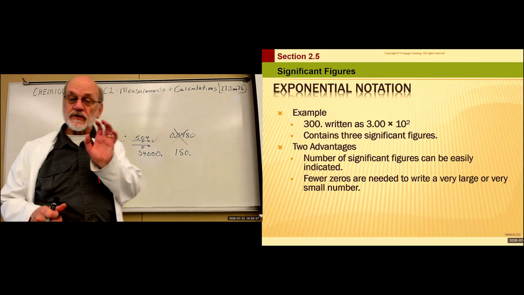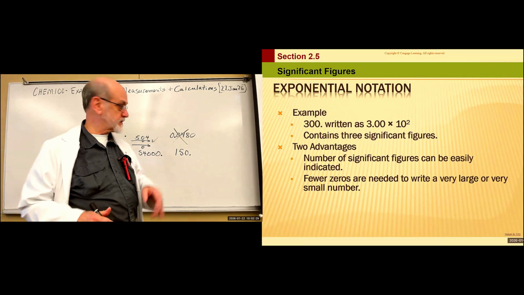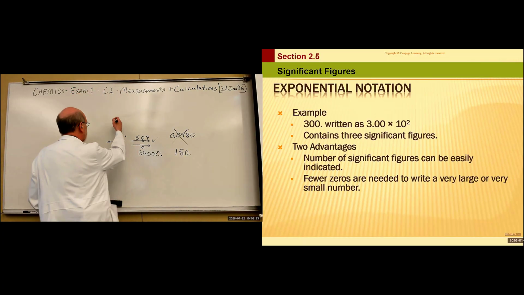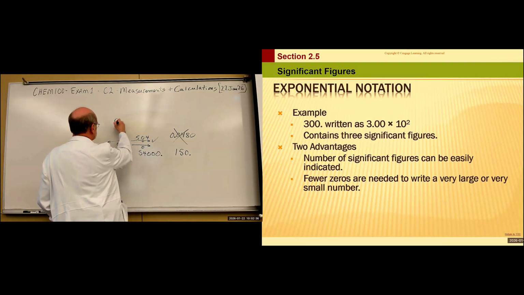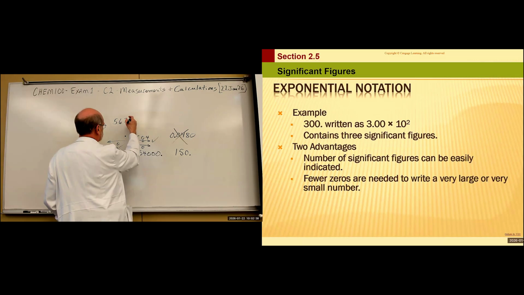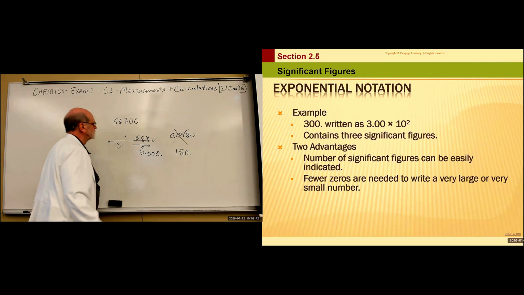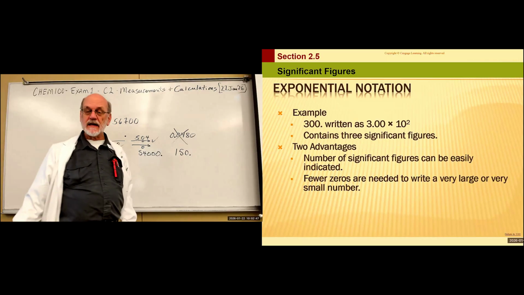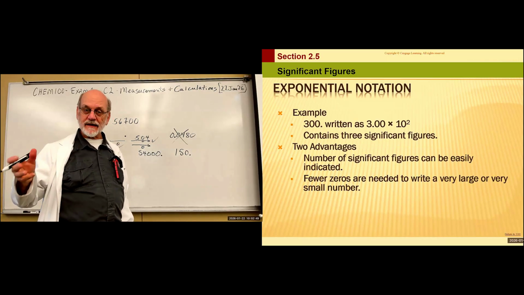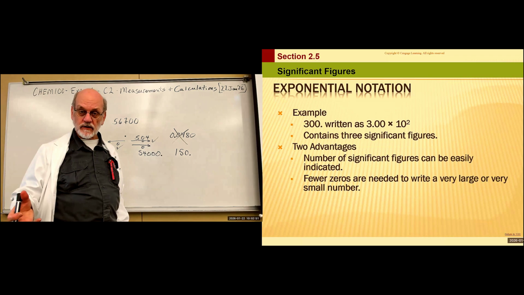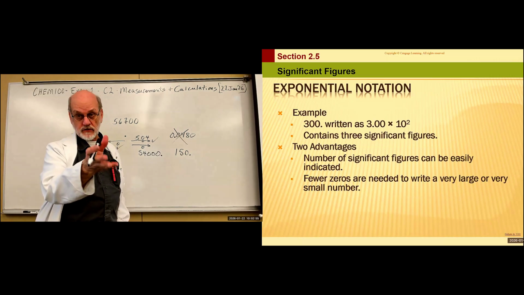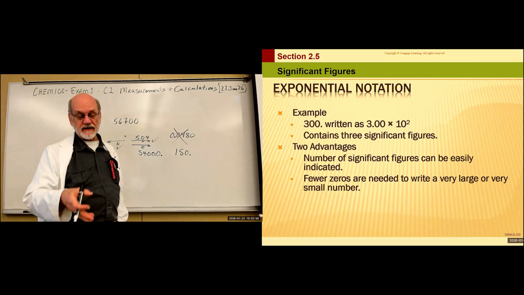Oh, in relationship to significant figures, notice that if we have, let's pick a different number, say we have 5, 6, 7, 0, 0, like that. That has 3 significant figures in it, right? If we write that in scientific notation, not exponential, this is exponential that you're looking at there, but it's not scientific.